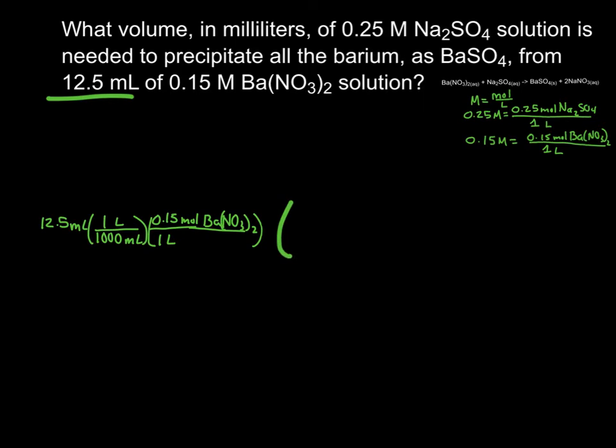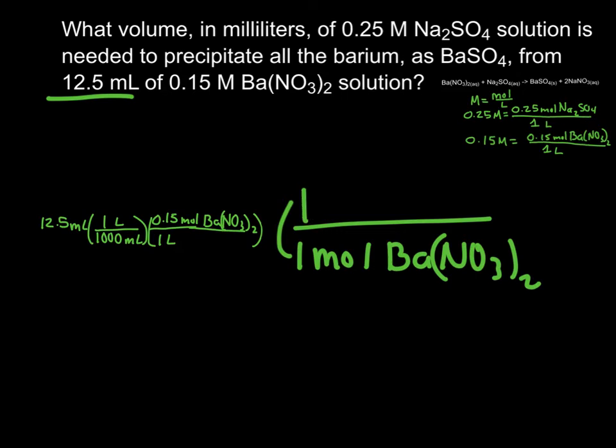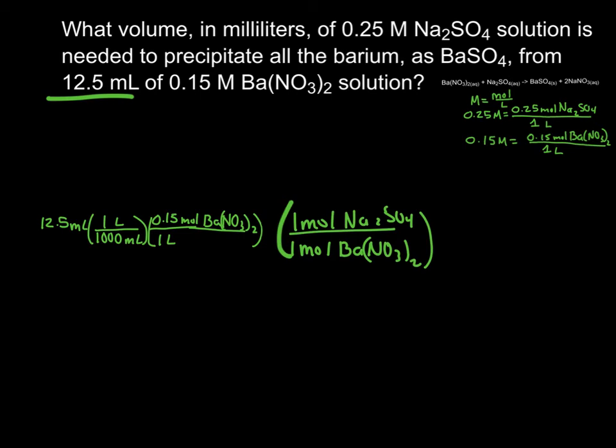We write 1 mole of the barium nitrate to 1 mole of the sodium sulfate. Shrink that down.